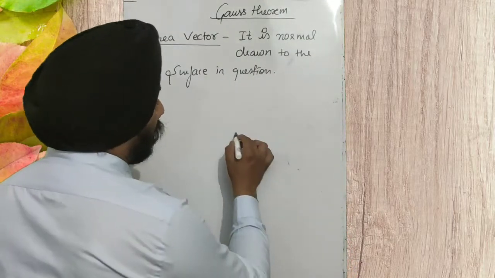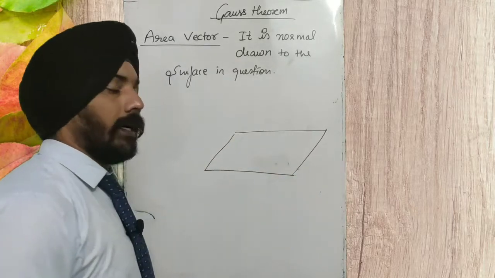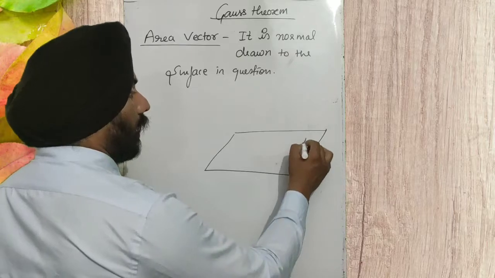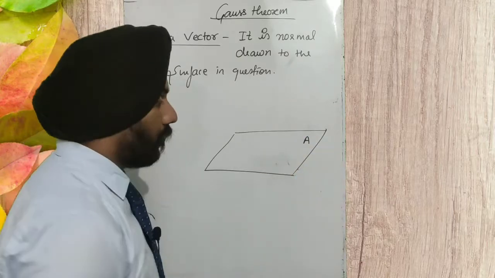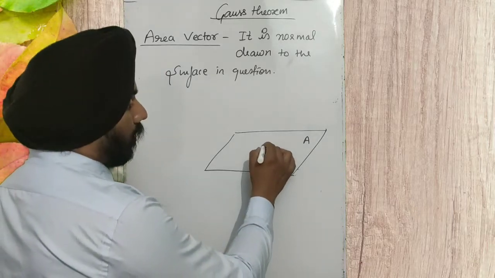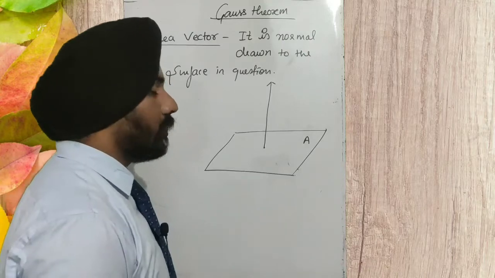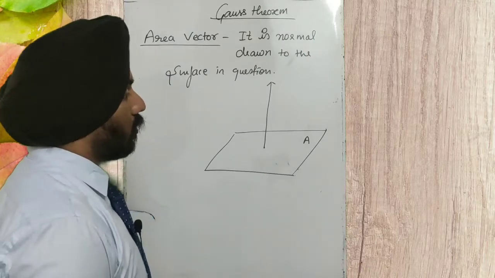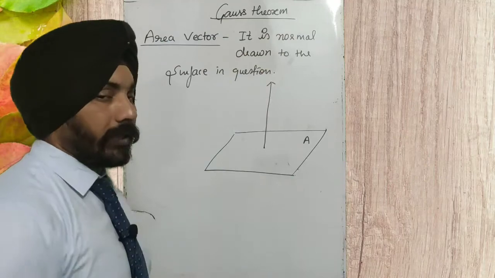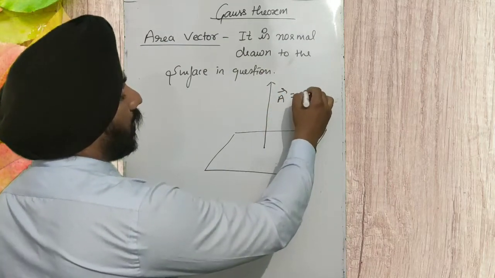For example, we have this surface and we want to find out the area vector of this surface, and it is having area A. The area of this surface is A. So what will be the area vector here? It will be a normal, a perpendicular drawn to the surface in the outward direction, that is showing the area vector.